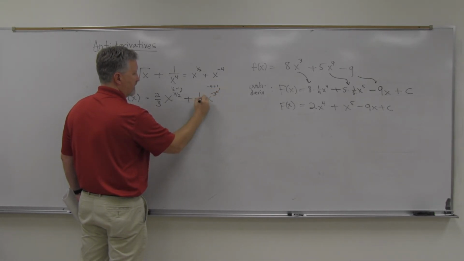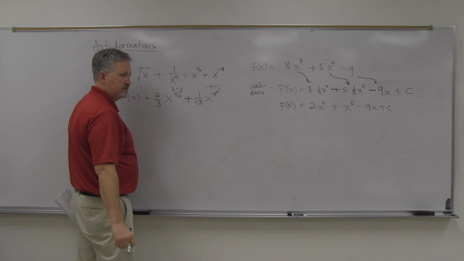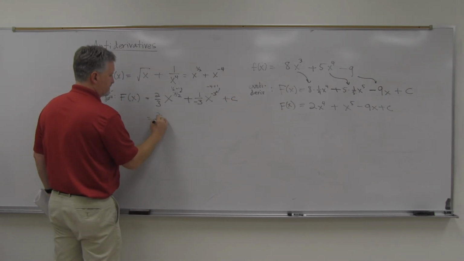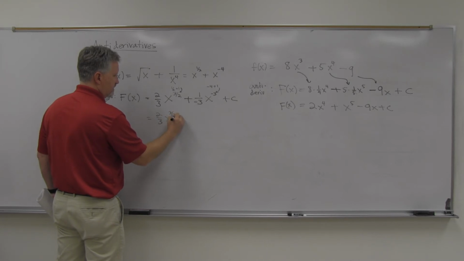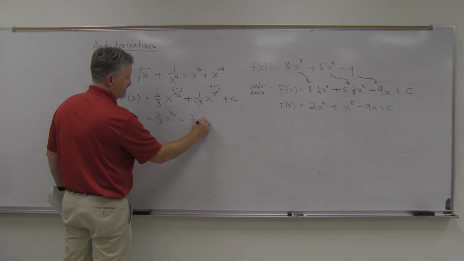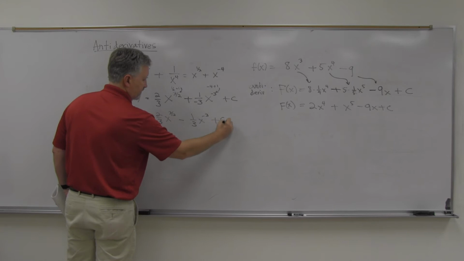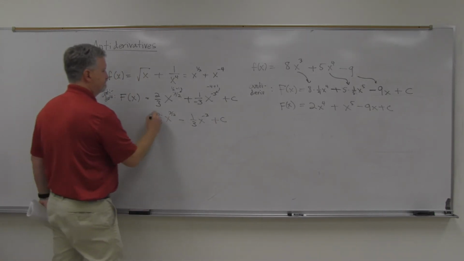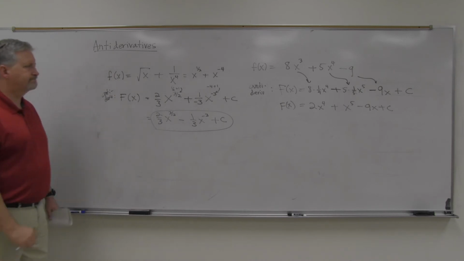And so I do 1 divided by negative 3 in front of that, and then plus your c. So it's 2/3 x to the 3/2 minus 1/3 x to the negative 3, or equivalent version, plus c. The antiderivative there.